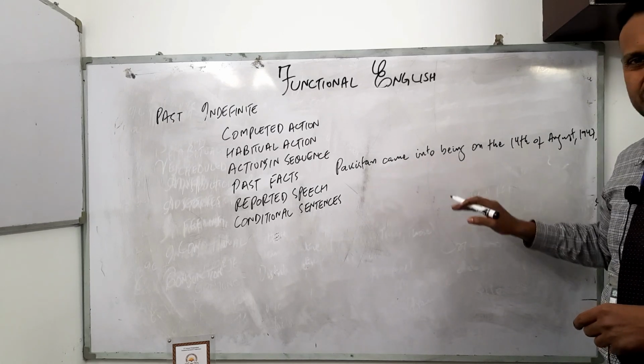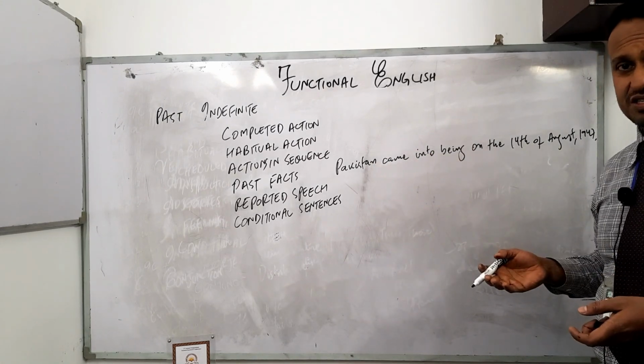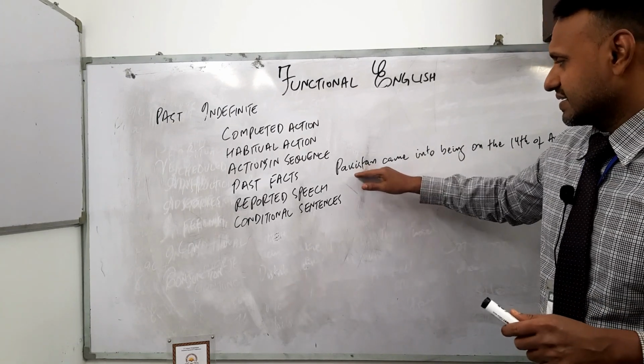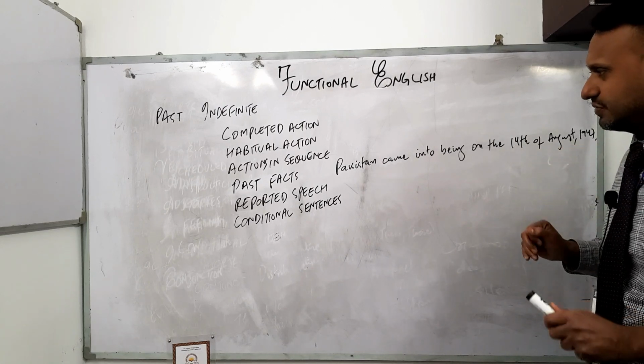Pakistan was coming into being? No. Pakistan had come into being? No, because it exists and it will exist forever, inshallah. So Pakistan came into being on the 14th of August 1947.